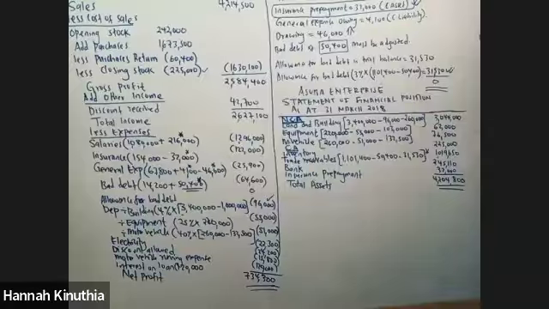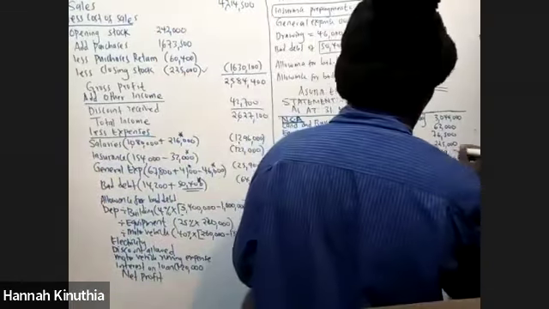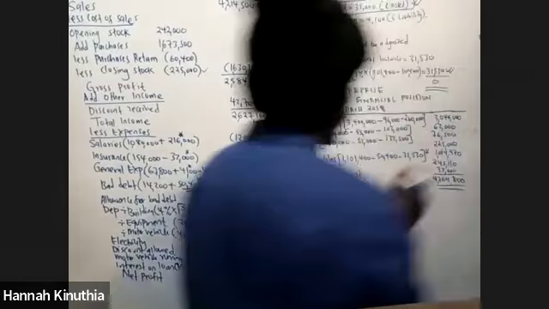So adjust hiyo itakuwa 11,01,400 minus 5,400 minus 31,530. Itakuwa ni 10,19,470. That one is okay.